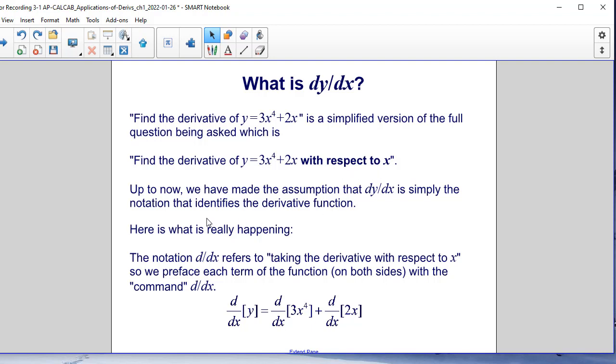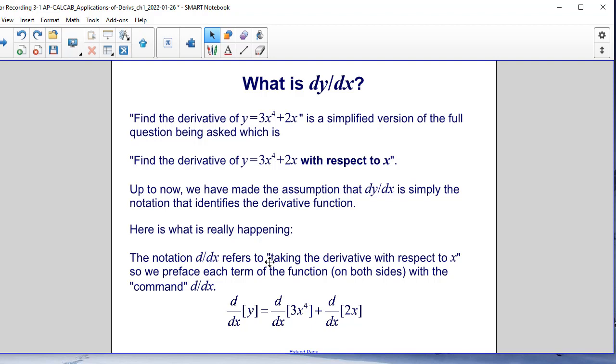Up until now, we've made the assumption that dy dx is simply the notation that identifies the derivative function. But here's what's really happening. The notation d over dx refers to taking the derivative with respect to x. That's an important note. You see d over dx, that's what's happening.